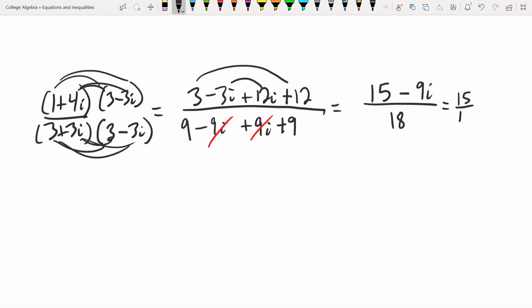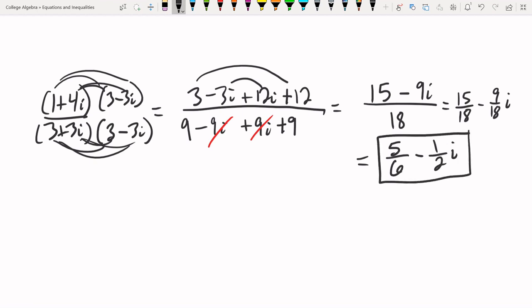Now we can break this apart and reduce. 15 and 18 can be reduced by 3, giving us 5/6. 9 and 18 can be reduced by 9, giving us 1/2. And this is the proper way of writing it.